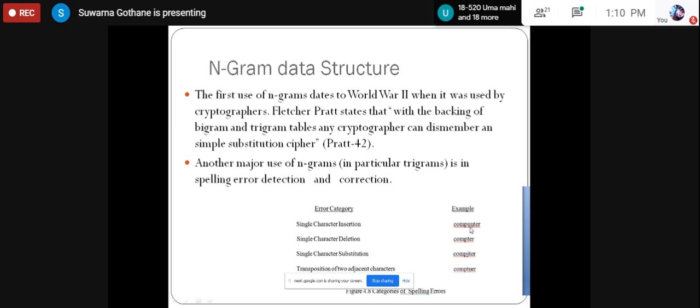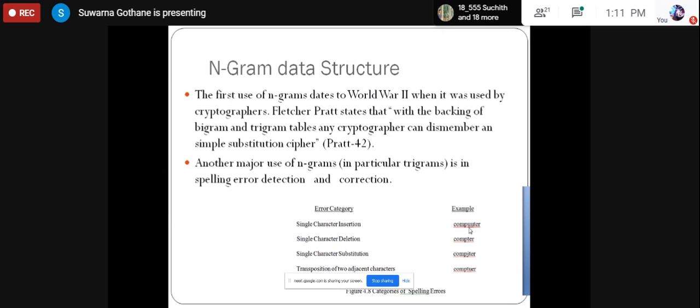Okay, so single character insertion, this error which has occurred here, an extra character, is going to be resolved. Or single character deletion, if an extra character is there that you would like to delete.